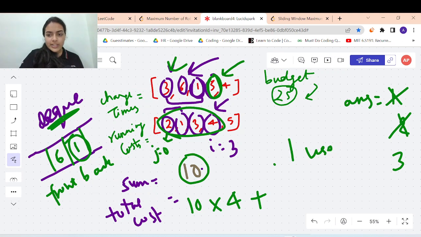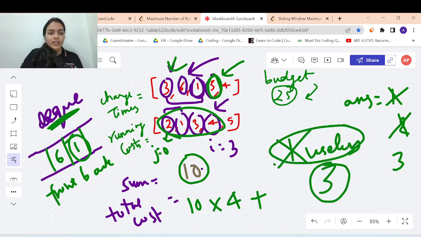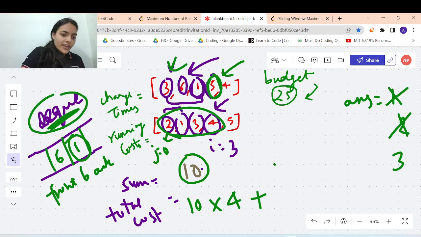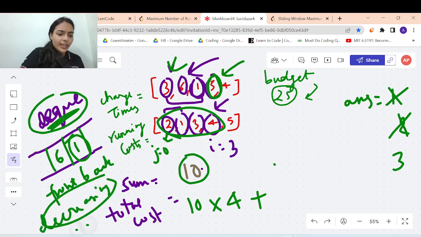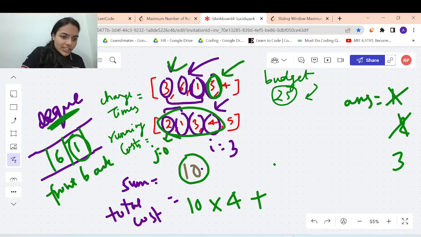Why is 1 useless? Because once 3 comes, 1 becomes useless. DQ should always have elements in decreasing order only. You need to get maximum elements. Now what is the use of 1 if you have seen 3, right? So from the back side you can just remove 1 and put 3. So let me remove 1 and put 3 here. So this is our current DQ.